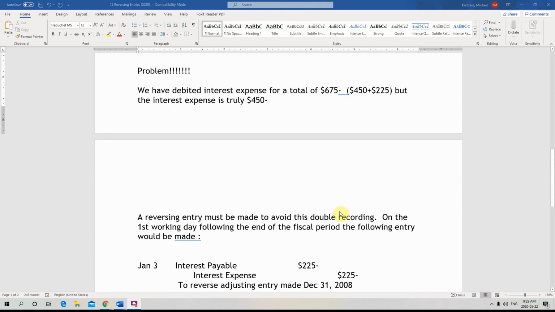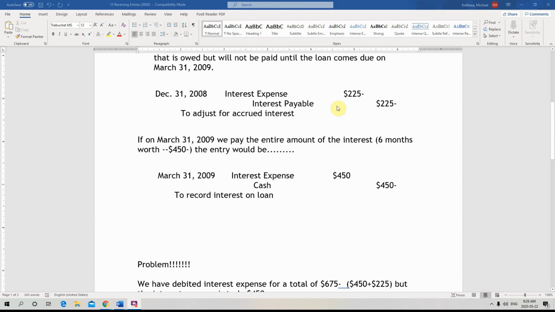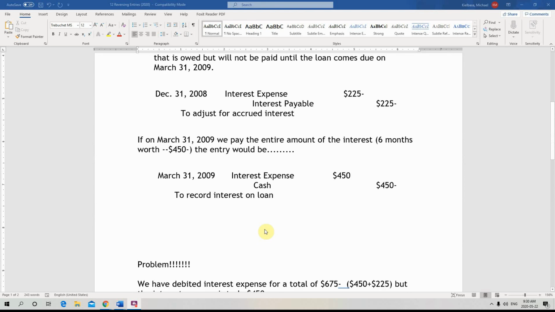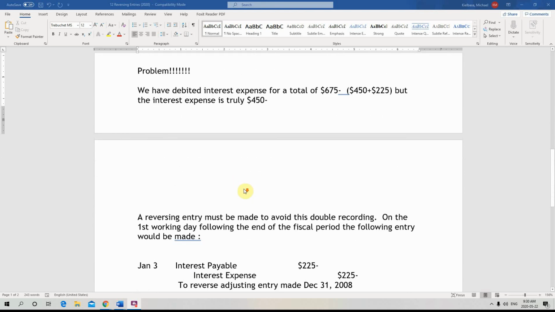All right, so to avoid this double recording of interest expense, we have to make reversing entries. On the first working day following the end of the fiscal period that just ended, 2008, we have to make a reversing entry. And it's simple.